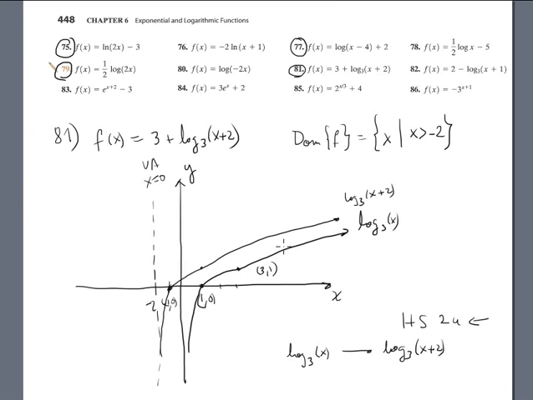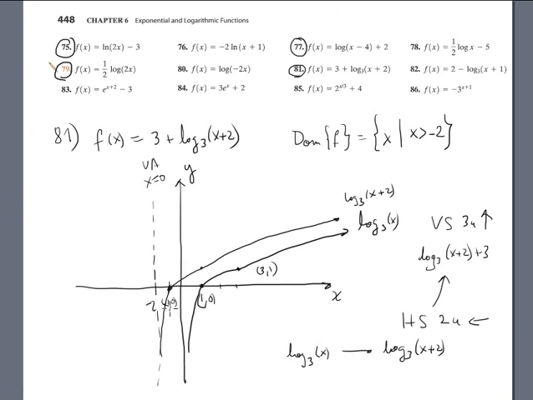Now plus 3. The last transformation is logarithm base 3 of x plus 2, plus 3. It's obviously a vertical shift of 3 units up. Okay, the vertical asymptote stays the same.